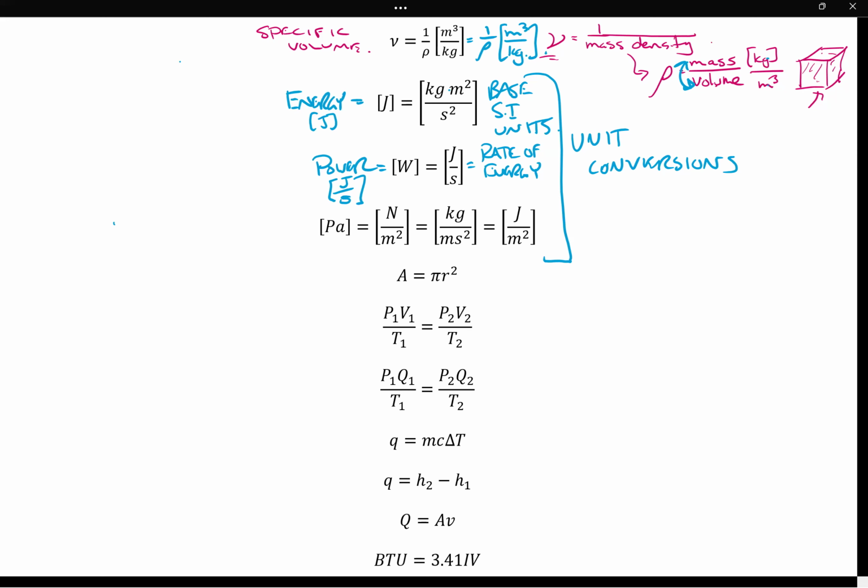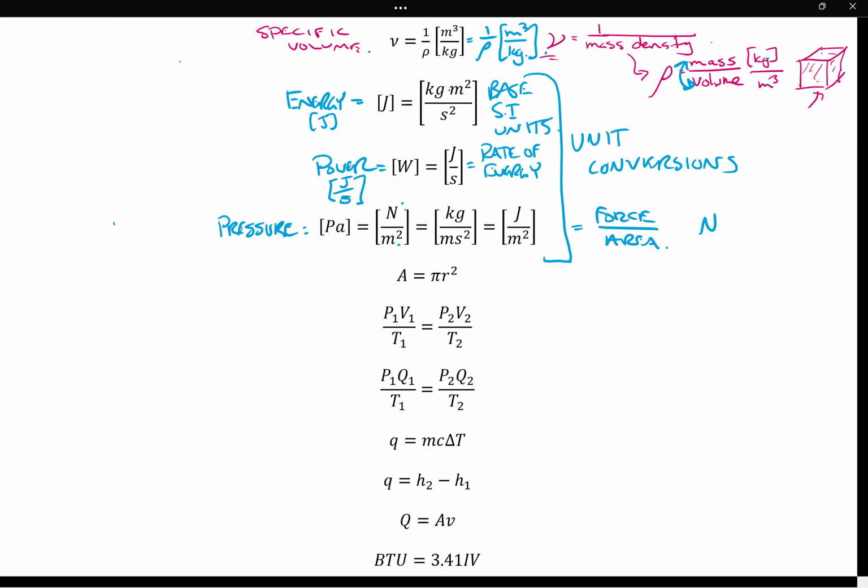Then we have here a Pascal. This is pressure. Pressures are measured in pascals. Pascals are a force over a cross-sectional area, or a Newton of force, for example, over a meter squared. And we can break out a Newton into what a Newton is.